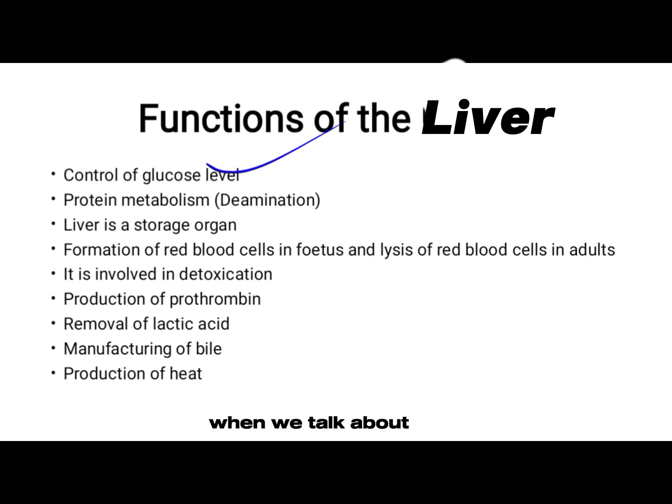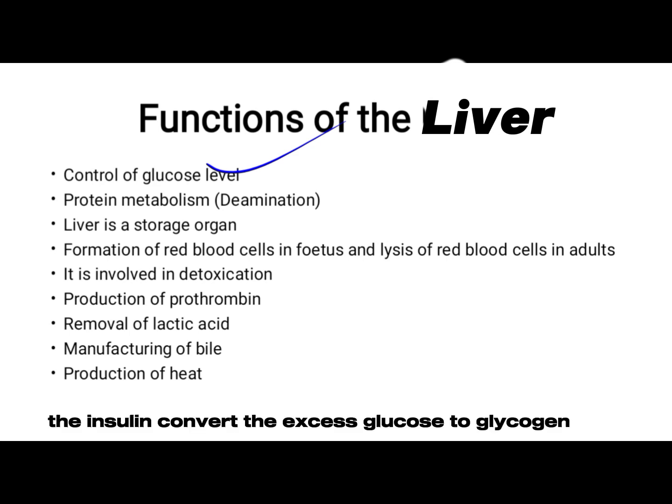When we talk about control of glucose level, the liver actually stores excess glucose in the body in the form of glycogen. When the glucose level of the body is very high, the pancreas releases insulin. The insulin converts the excess glucose to glycogen.